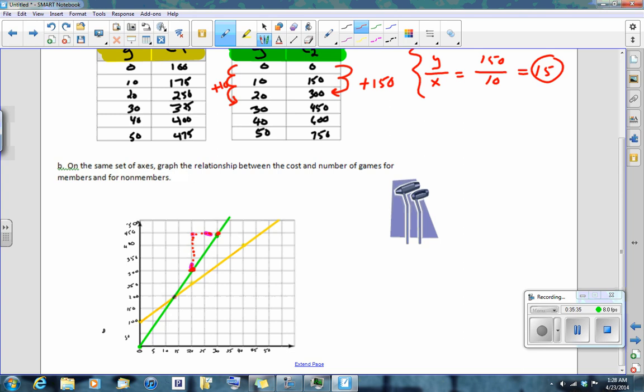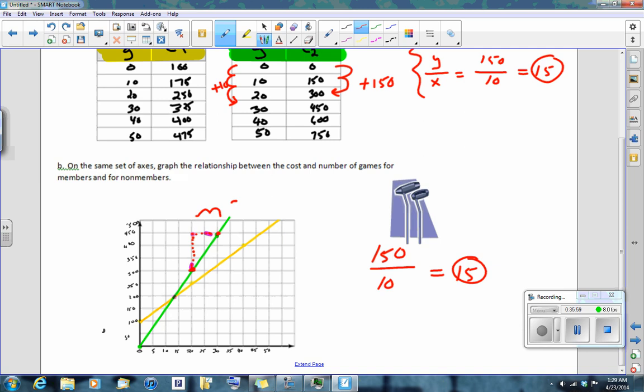But say we did rise over run. We go from 300 to 450, so it's 150 over... I'm counting by fives, so the run is 10. So there we go, 150 over 10. It's 15 there.